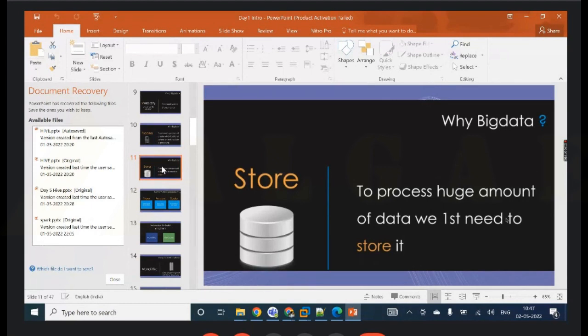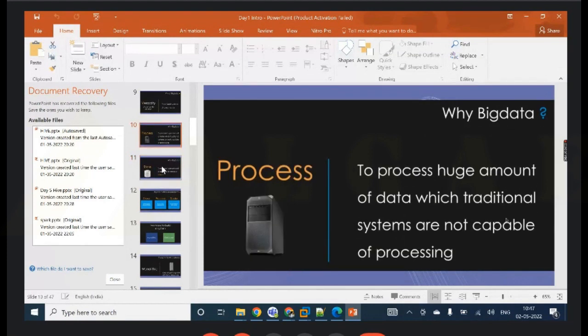Now you people are familiar with how to store data with the help of put command and copyFromLocal, right? You should not forget this one, how to upload data. How to process data and all, I will teach you after some time, in the next class.